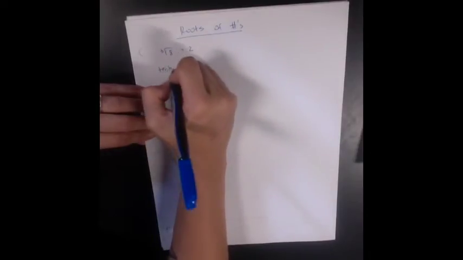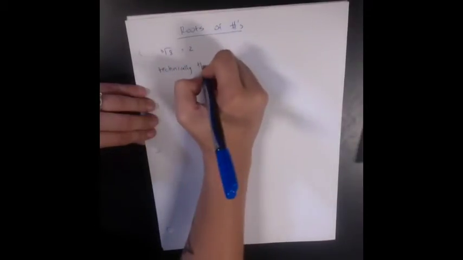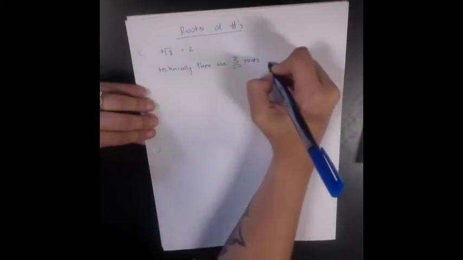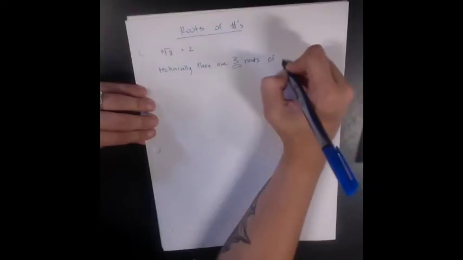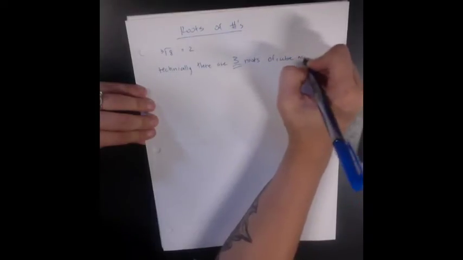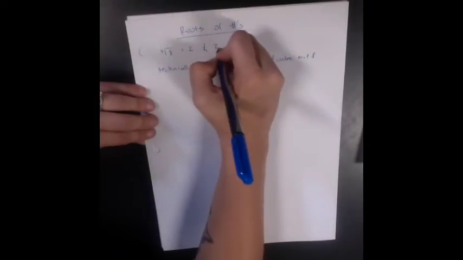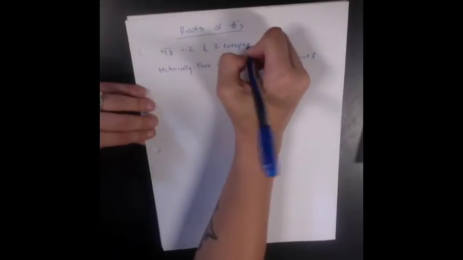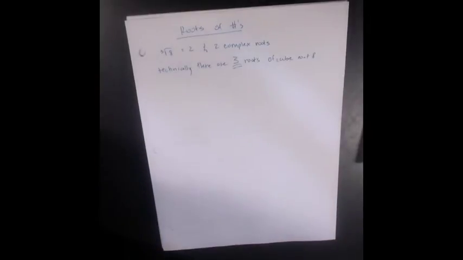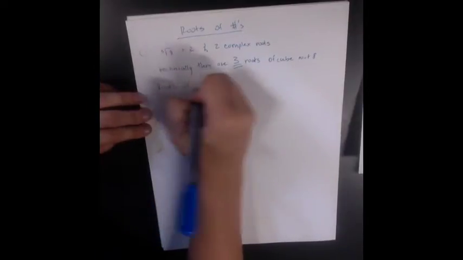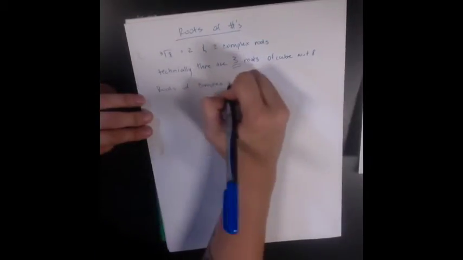But technically, there are 3 roots of the cube root of 8. We have 2 and we have 2 complex roots. So the roots of complex numbers look a little different.